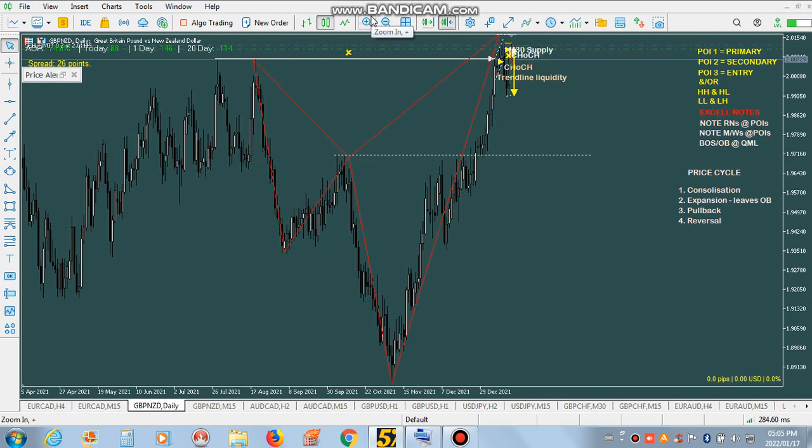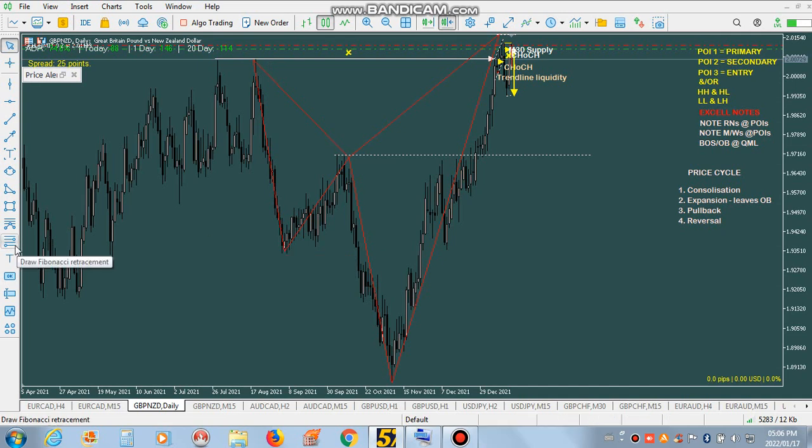I'm not going to go deep into how to draw harmonics because there are so many of them: the butterflies, the Gartley, the bird, the cipher, and so on. That is a different topic on its own, whereby you have to know what coordinates to combine for which harmonic pattern.